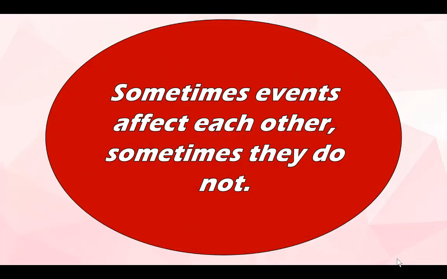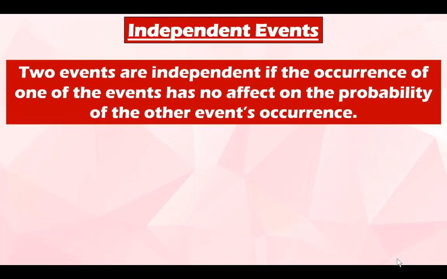Because sometimes events affect each other, and sometimes they don't. Our new definition is the definition of independent events. 2 events are independent if the occurrence of one of the events has no effect on the probability of the other event's occurrence.